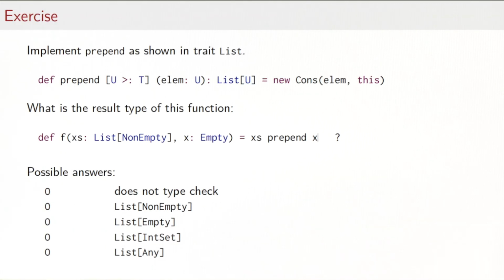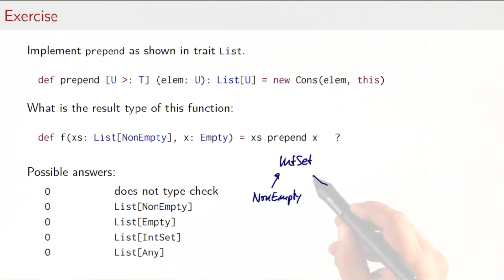That still begs the explanation why. So let's look first at the subtype hierarchy. As always, we have that IntSet is a supertype of both NonEmpty and Empty. So we call the prepend method on a list of NonEmpty.